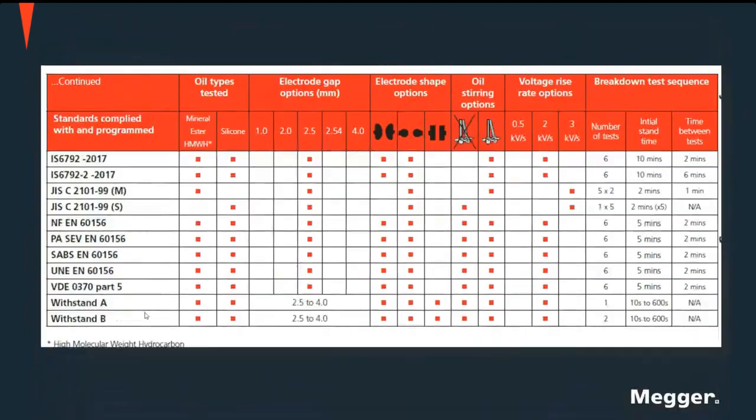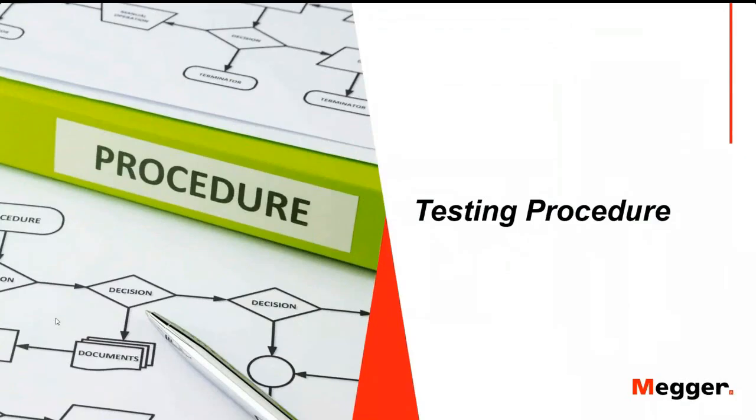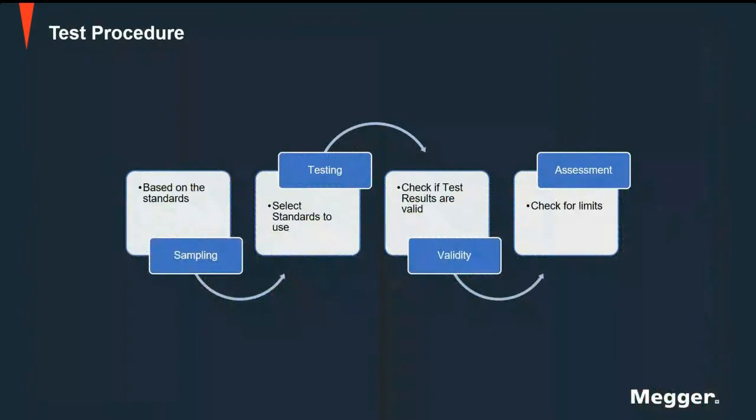Now for the testing procedure, of course, we need to follow some standards and a step-by-step procedure. Normally, when we do the electric breakdown voltage test, we do the sampling first, and that sampling should comply with a specific standard.